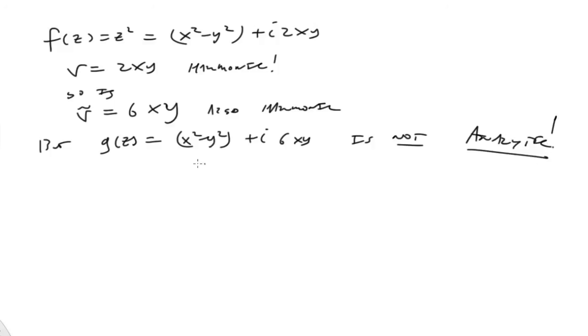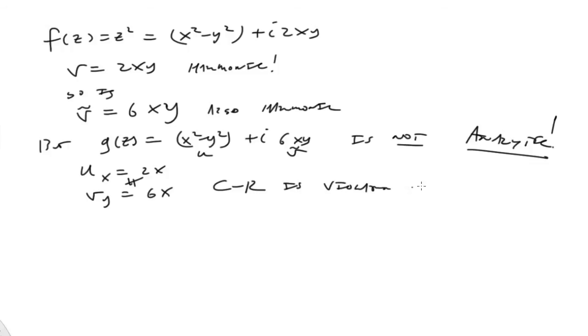That's pretty clear to see, because if this is u and that's v tilde, Ux is equal to 2x, and Vy is now going to be equal to 6x, which of course are not equal. So Cauchy-Riemann is violated. So g is not analytic.